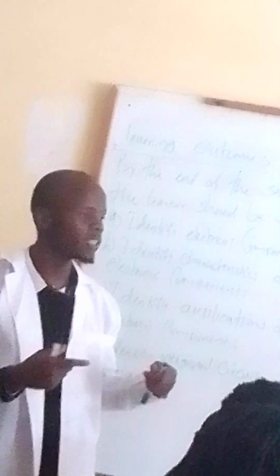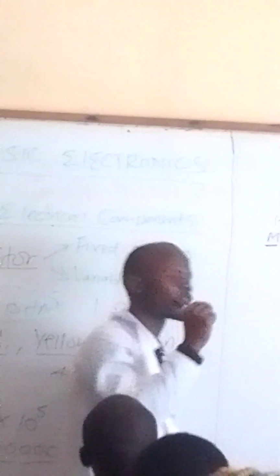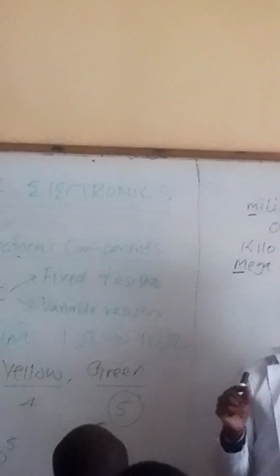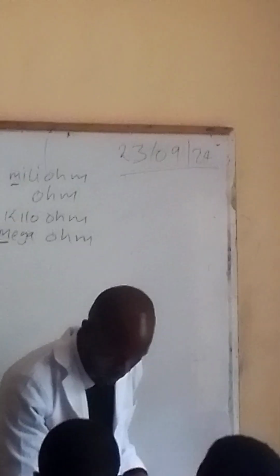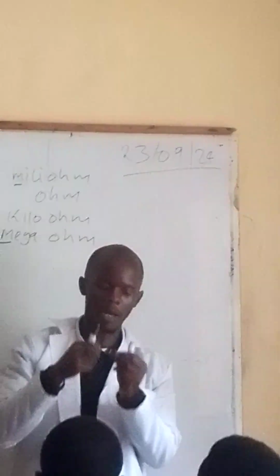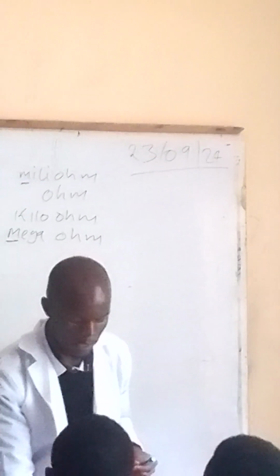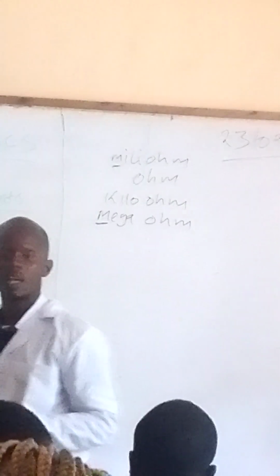If you go through that table, look at it well and memorize it, you will be able to determine the value of any resistor you are given. That is why you go to the shop and someone looks and tells you this is 100k. It's those bands.